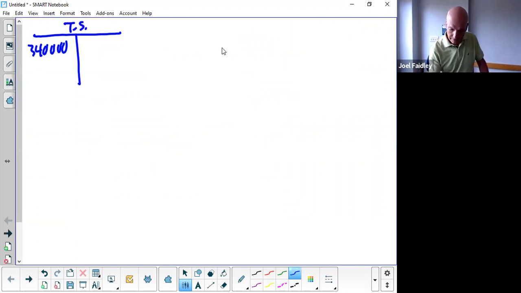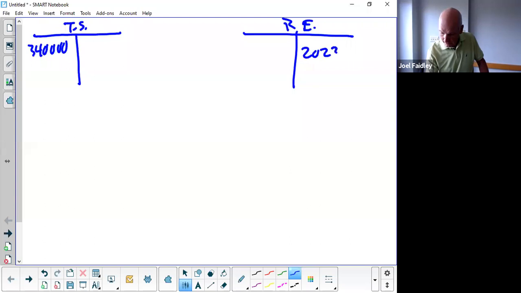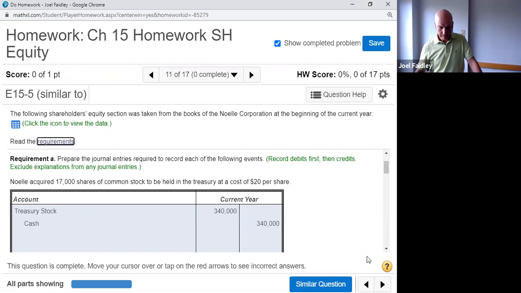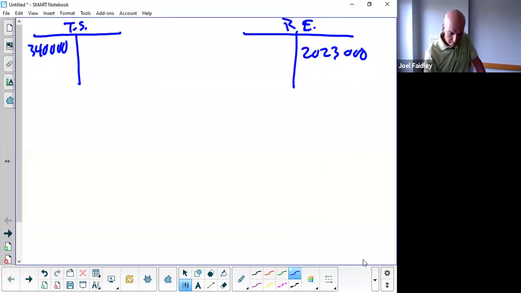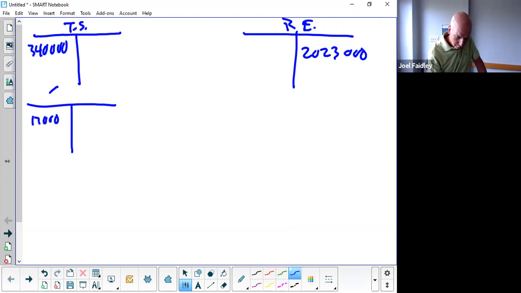I think I need to track retained earnings as well. Retained earnings started with 2,023,000. 17,000 shares at $20. These are $20 a share cost.